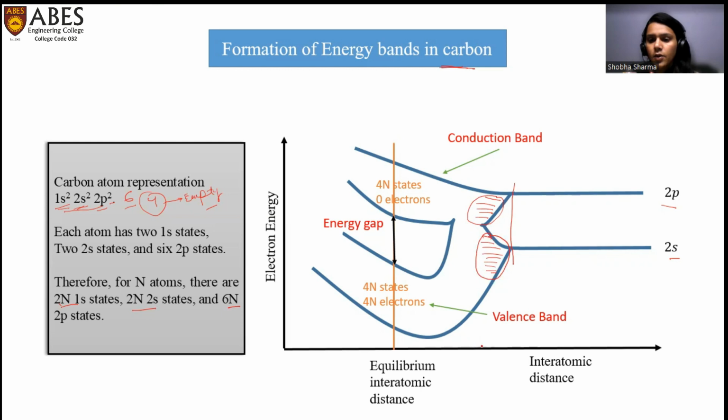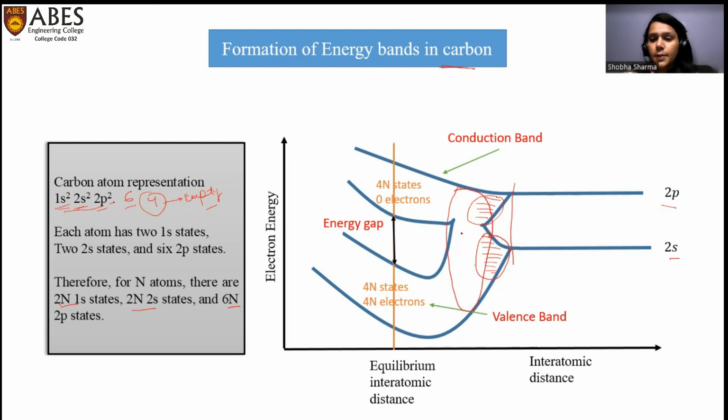Now we further decrease the interatomic distance. Then we saw that these two bands grow in size, and after this point, they merge with each other to form a single band.